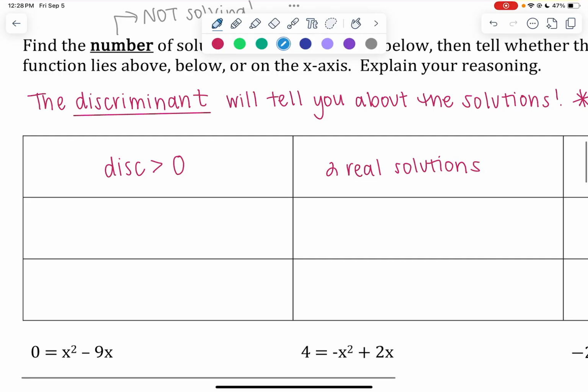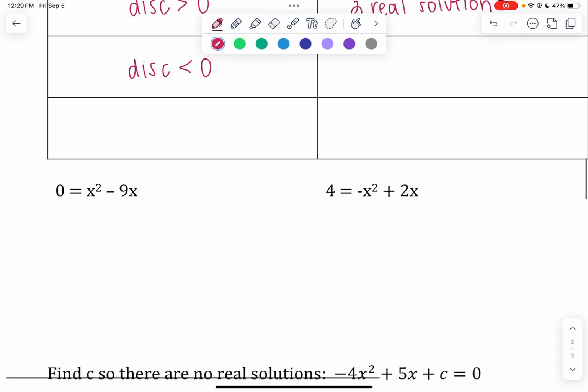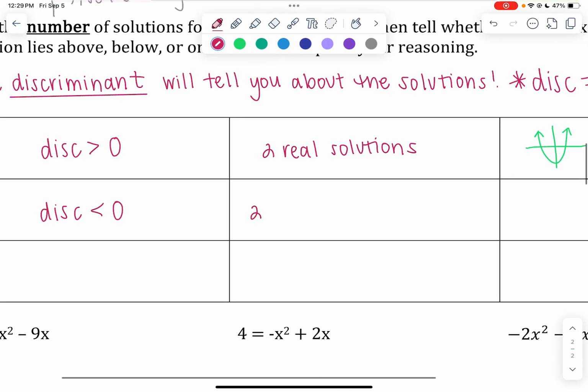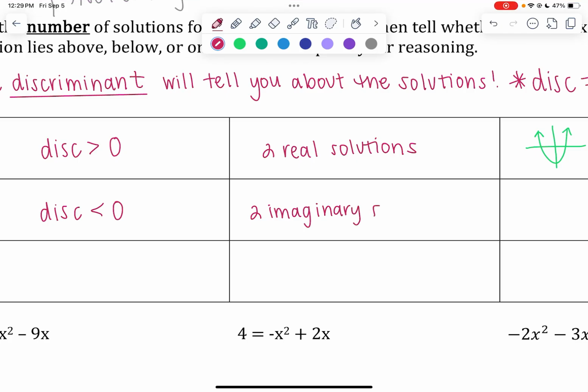Now, if your discriminant is less than 0 and it's a negative number, you have 2 imaginary solutions. There's 0 real solutions. Now, I don't care if you say 0 real solutions or if you say there's 2 imaginary solutions. Either one is correct. 0 real is the same as saying that there are 2 imaginary.